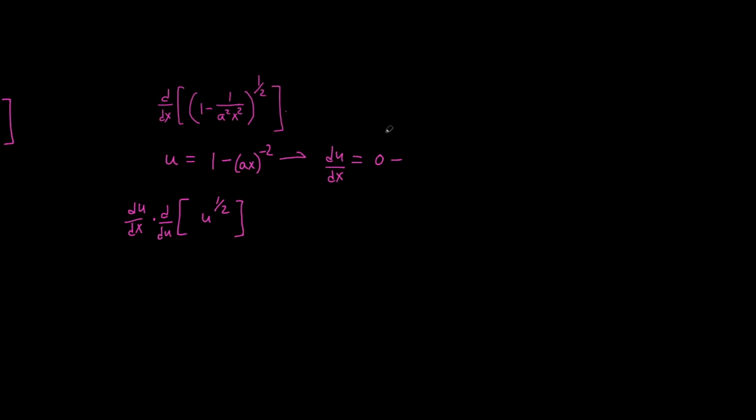well, is that the most convenient way to take it? We can actually draw the a out, so we have 1 over a squared times x to the negative 2, and that way we won't have to use another chain rule, so we can just draw out 1 over a squared and multiply that by the derivative of x to the negative 2, which is going to be negative 2 times x to the negative 3, which is the same thing as 2 over x to the third.